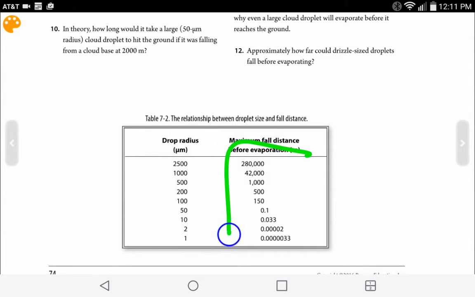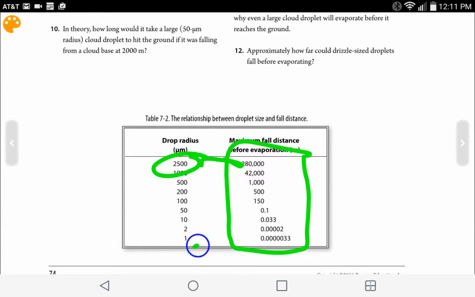So here's all these distances here. I think they are meters. For example, if your droplet's radius is this many microns, which is like 2 millimeters, is that right? It can fall pretty far before it would evaporate. Whereas these tiny little things can barely fall at all before they would evaporate, and so on.